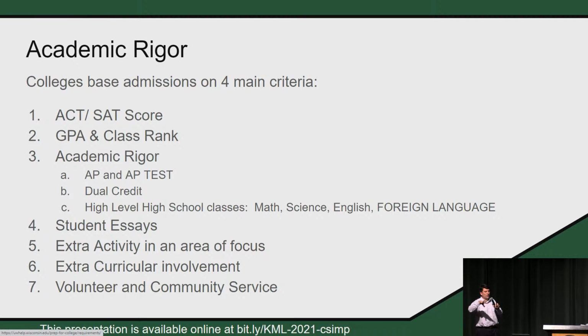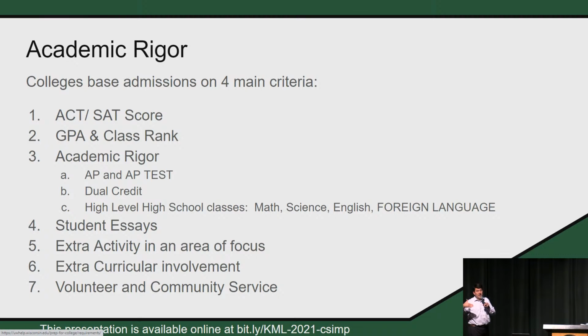Before AP and dual credit came in vogue, higher level foreign language classes were a good way for colleges to evaluate who could memorize and who could learn. They thought that prepared kids for school, and I think it still does. If you can handle a high-level English and a high-level foreign language, it shows that you know how to learn. That's why I sometimes encourage kids to stay with foreign language, because it shows academic rigor.